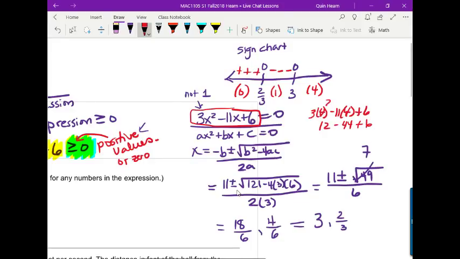Oh, I forgot to square the 4. Whoops. Okay, so it should have been 2 times 16, which would be 32, minus 44 plus 6. That's going to be a positive.